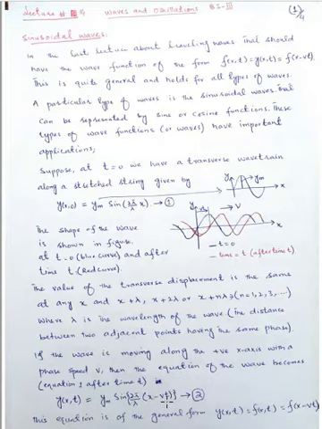But at any arbitrary time t, the wave should have a shape ym sine of 2 pi by lambda into x minus vt. This equation is of the general form y of x t is equal to f of x minus vt. That is, the function f is now a sine function, and the argument of the sine is x minus vt.